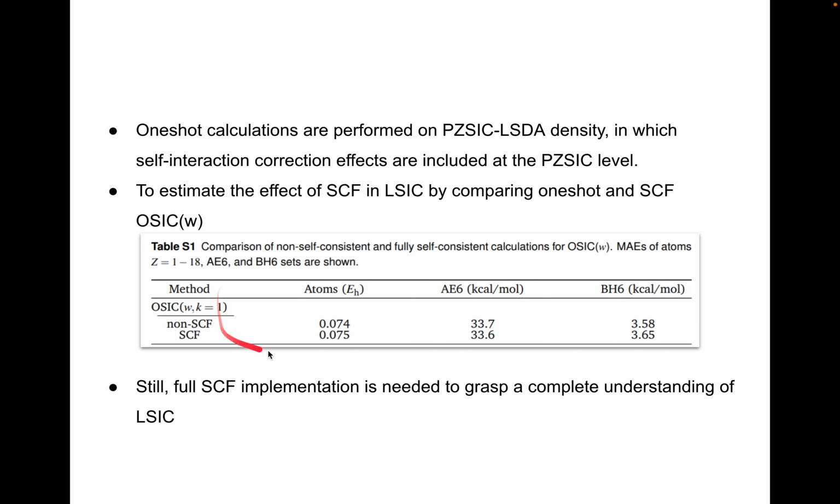And we compared the performance difference for the non-SCF versus full SCF, and performance differences were small. So we argued that for the LSIC, we also see a similar amount of difference between the non-SCF versus the SCF. Those were the two arguments we made at that time.